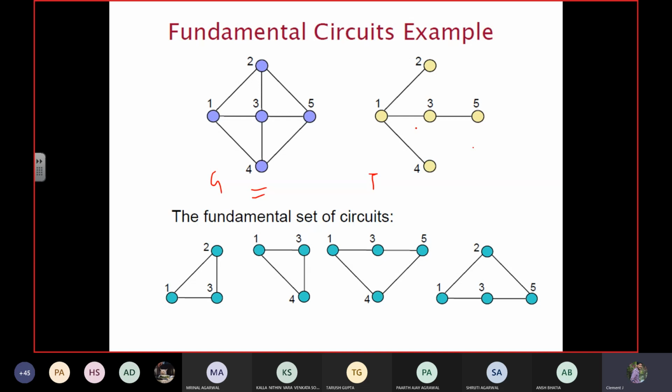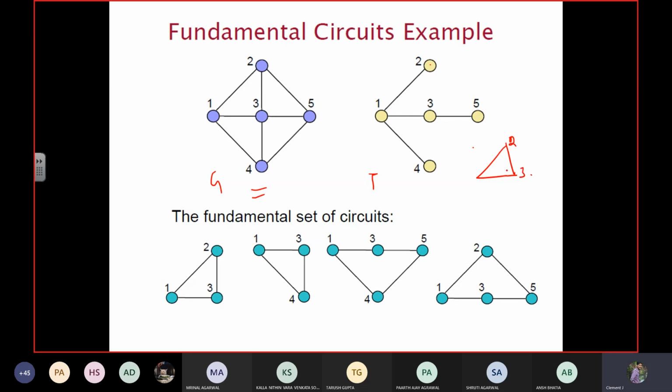So here, if you keep the spanning tree as the source, and I consider this one, like 1 2 3, then if I add only one chord to that, I should create a cycle. So I am allowed to add the chord 2 3.